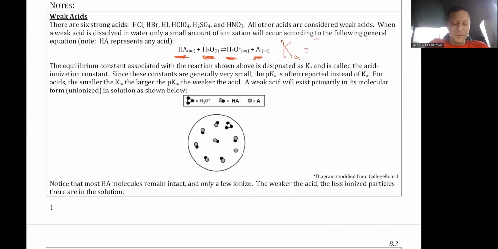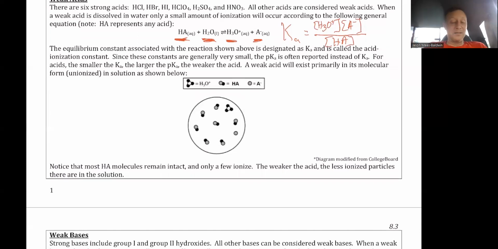It's equal to H3O+ times A-, which are going to be equal, because to form the H3O+, you have to lose the hydrogen ion, and A- is its conjugate base. So these concentrations are always going to be equal, and then over HA. We don't include water because it's a liquid. That is our expression for acids.